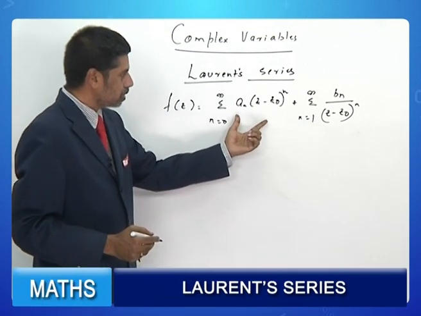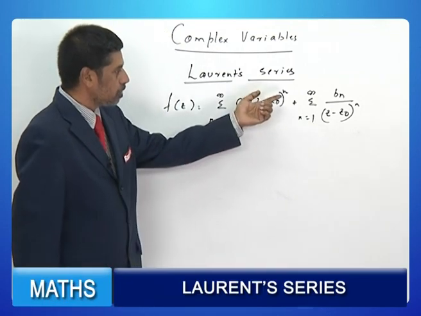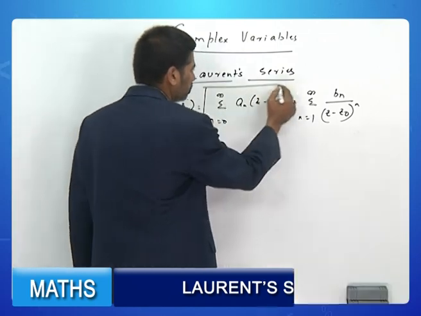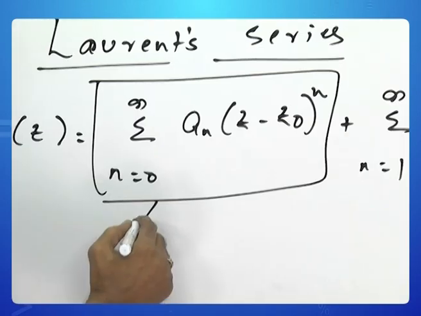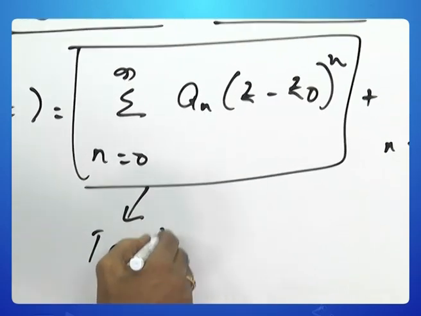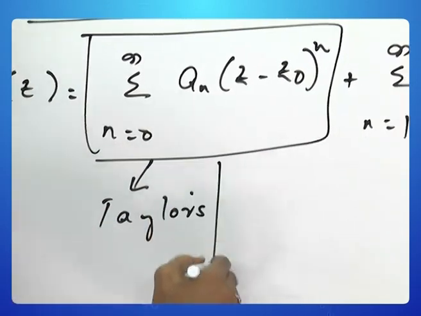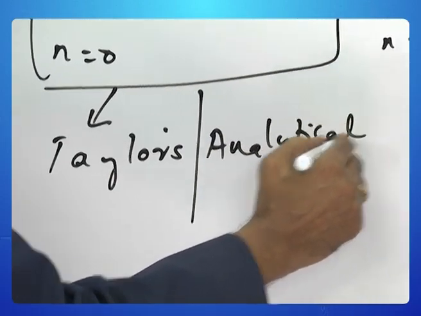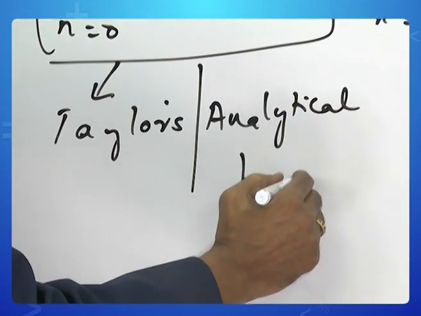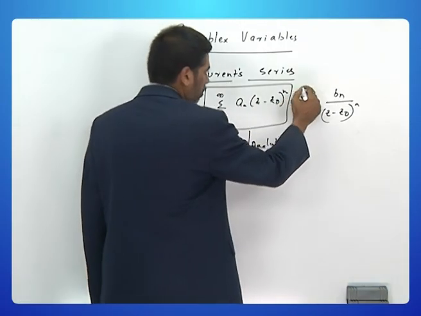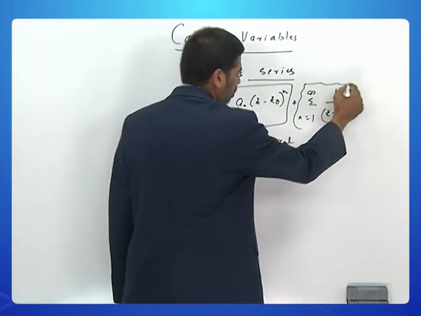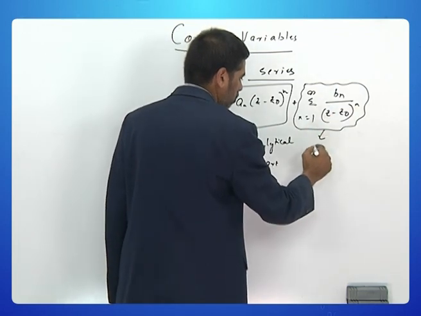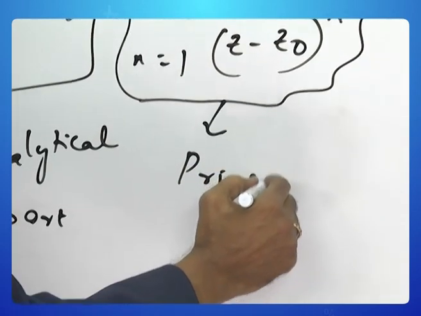In segment number 1, you have only positive powers of z minus z0, and this part is known as the Taylor's part or the analytical part. The second part, which contains negative powers of z minus z0, is known as the principal part.